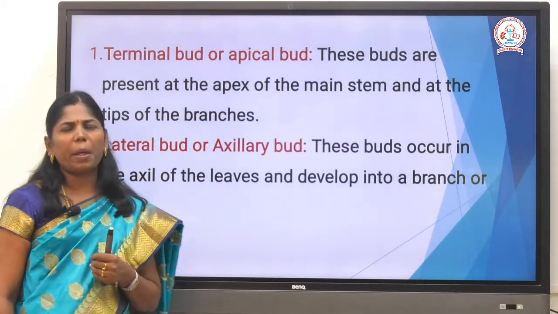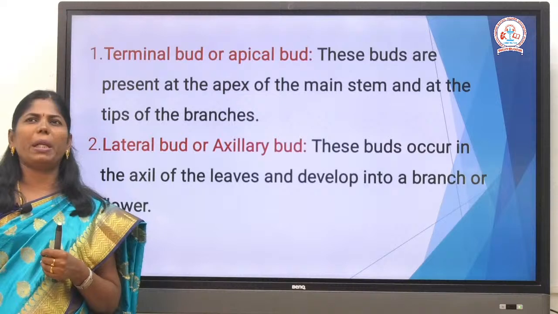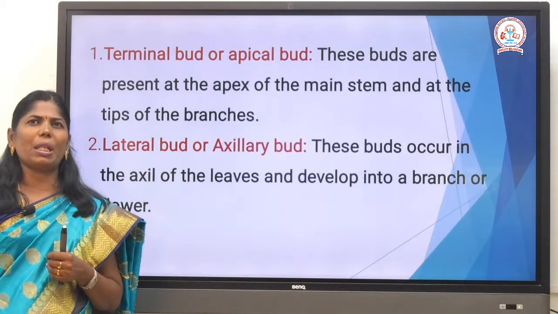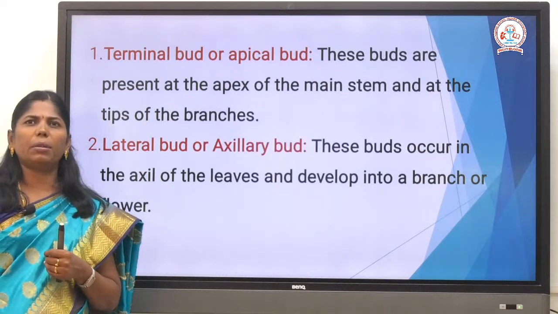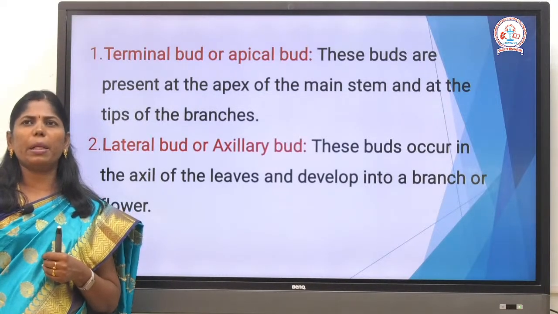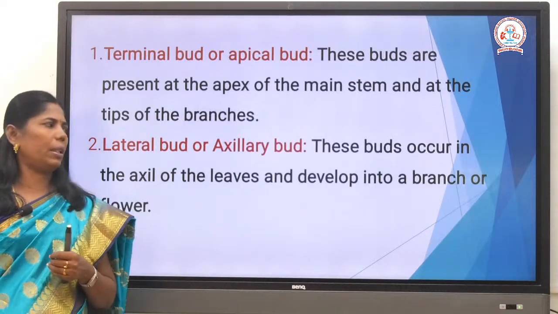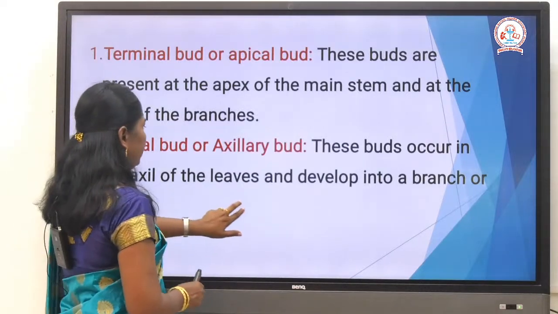So the terminal bud, the apical bud, is present at the apex of the main stem. Apex, apical and terminal all have the same meaning. Lateral bud or axillary bud, these buds occur in the axil of the leaves. So where is the axillary region?